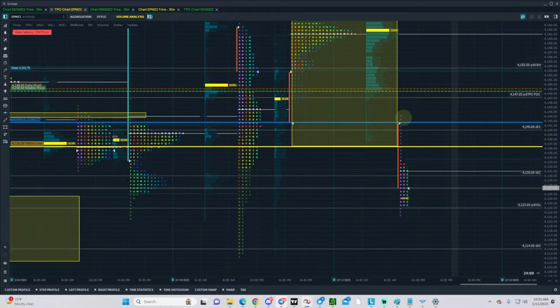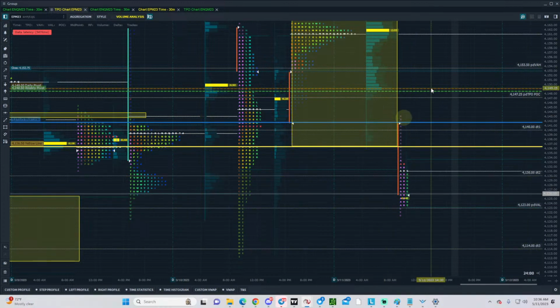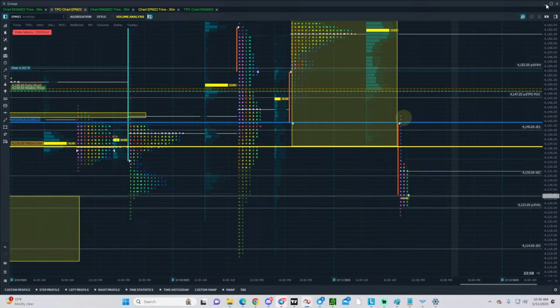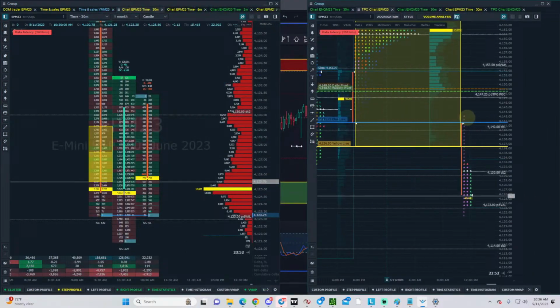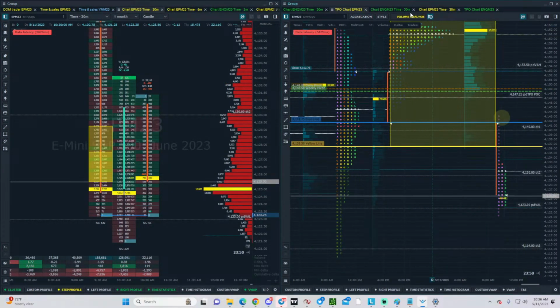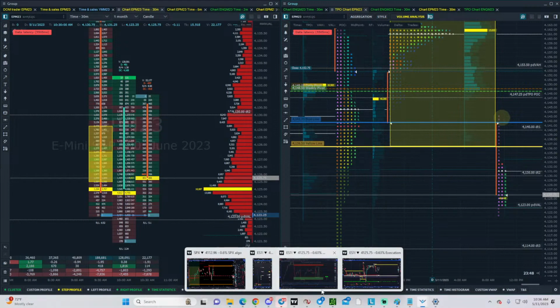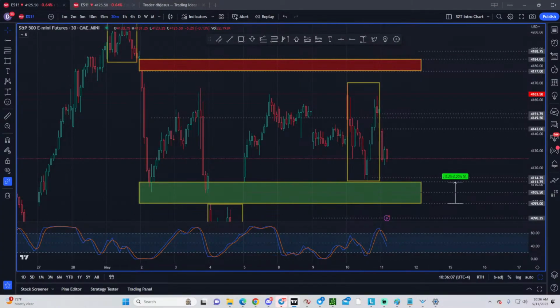We're going to look at it in candlesticks because I don't want anybody to be intimidated by looking at the TPO stuff. So let's switch over to my other chart, the one that we were working on, which is this one here. We're going to take a look and see.